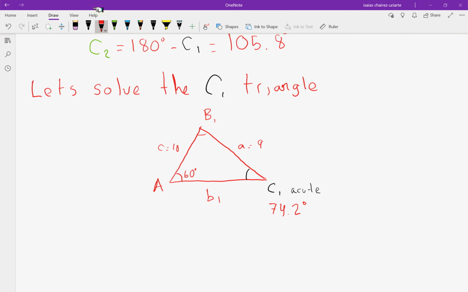I know that C1 is 74.2. So then B1 is going to be 180 minus the sum of 60 and 74.2. And that tells me then that B1 is 45.8.